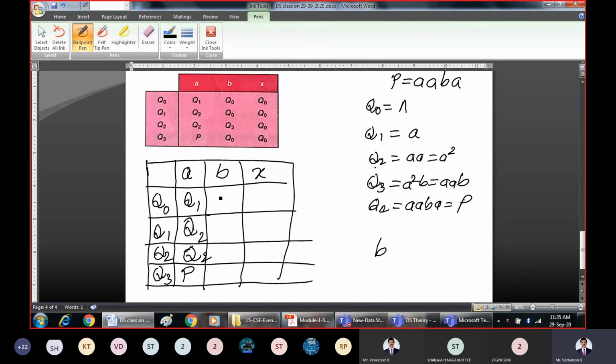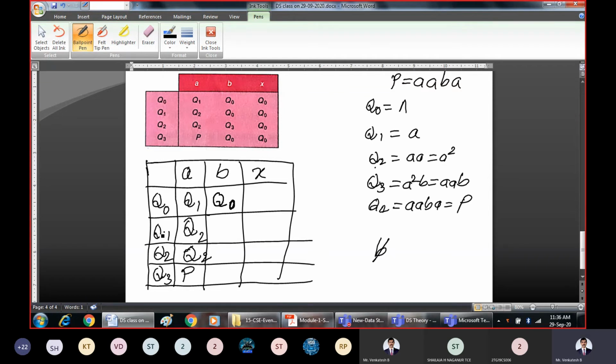So be in the same state, Q naught. I will ignore it because that is not what I want. I want A as the character. That is not giving me any useful information.